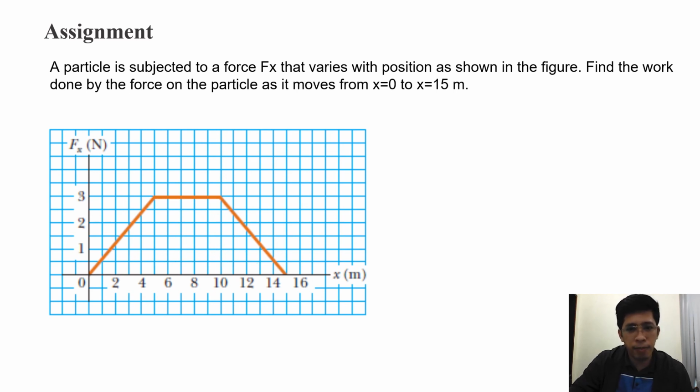Say for example, I can divide this area so that I have this triangle here, your area 1, and then also divide this one. You have your area 2 and then your area 3, and then you just get the sum of these areas, and then you have your work done. So this is an assignment for you.